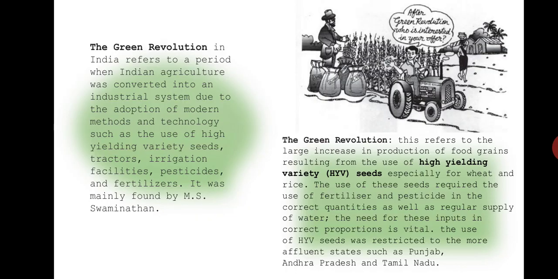It is one of the important steps that India initiated. The first phase of the green revolution was mid 60s to mid 70s, and the second phase was mid 70s to mid 80s.